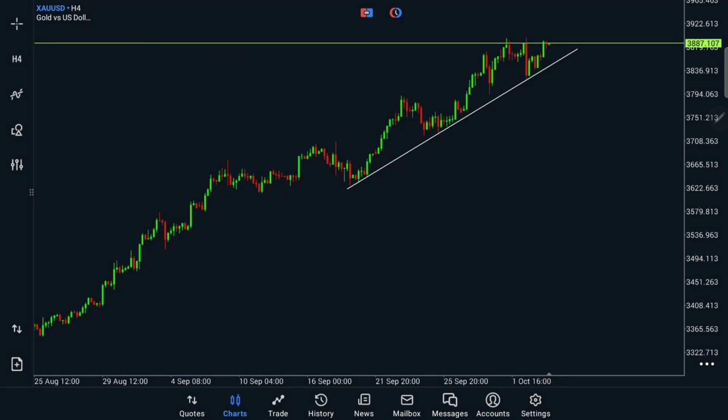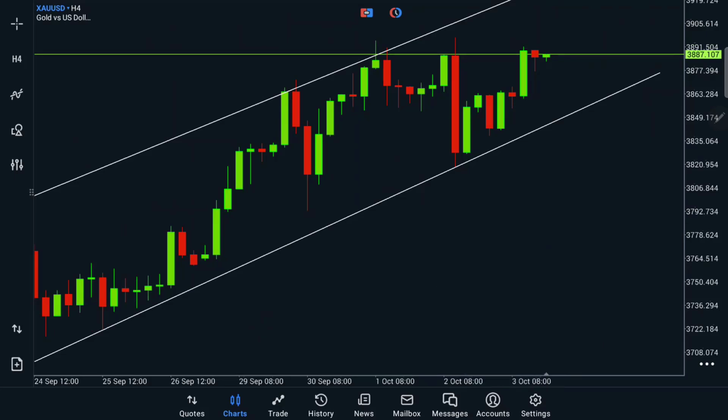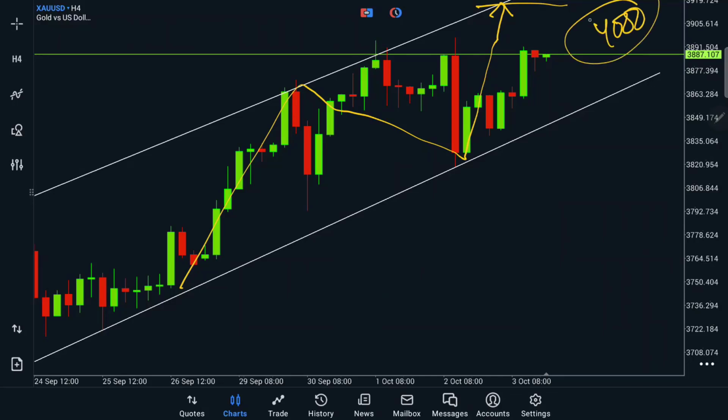If I draw an upper trend from there to there, from this trend line, as you can see, the market is trying to create a pattern, and again it may hit there, and at that moment it will touch 4,000, by touching this trend line here or somewhere around here.